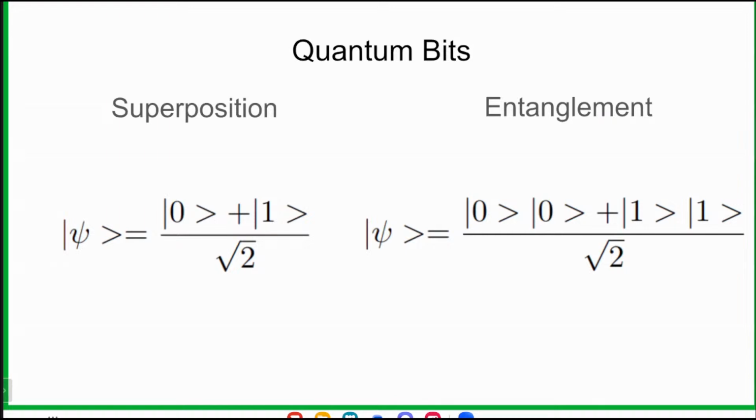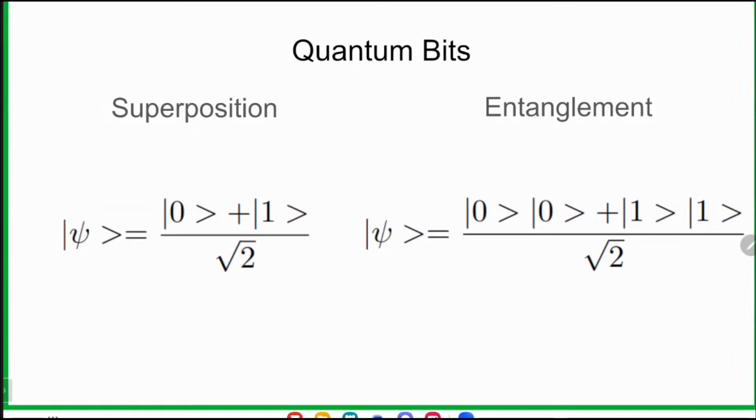The closest that we can say is that it's kind of both 0 and 1 at the same time. This property of superposition gives parallelism to quantum computation, which is not present for classical bits. The other peculiar feature of quantum bits is entanglement.